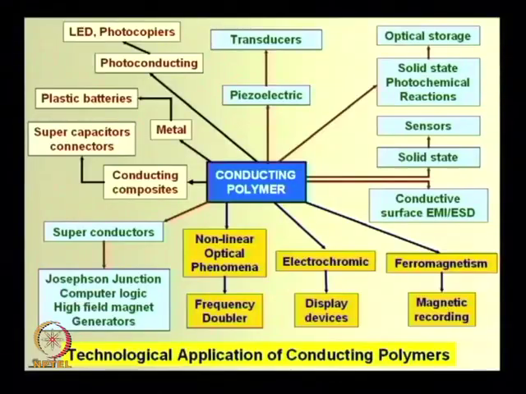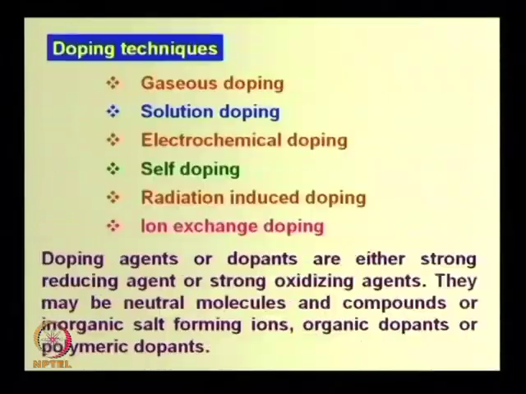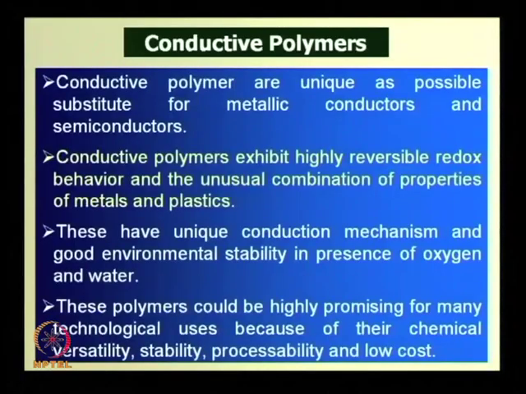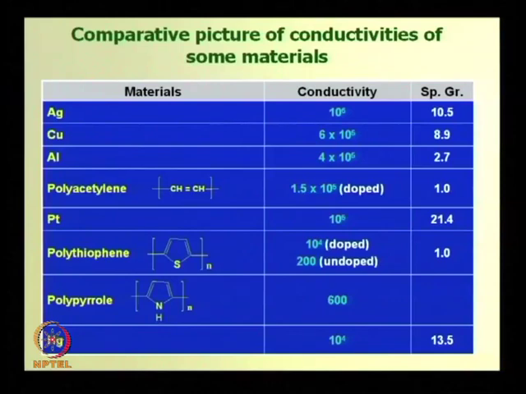Now, let us see this one. You just compare the conductivity and specific gravity of metals and organic molecules. See here, silver conductivity is 10 to the power 6 Siemens per centimeter, the unit is not shown here.